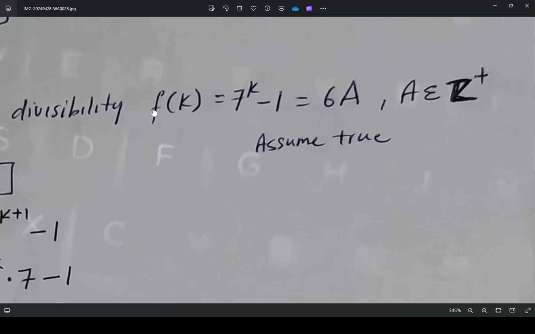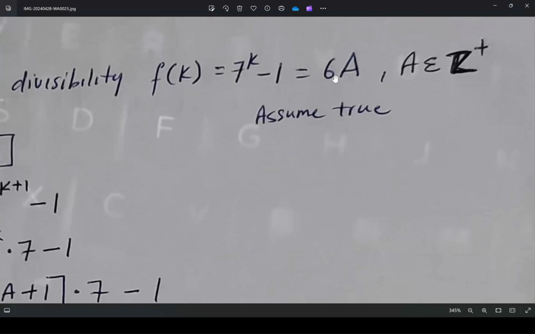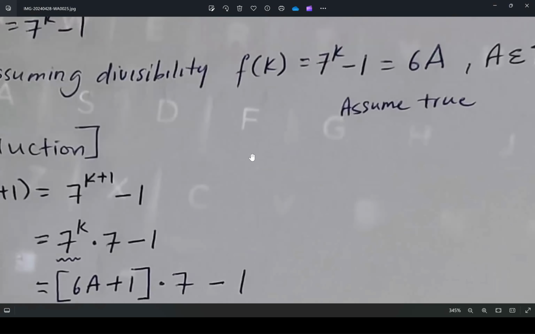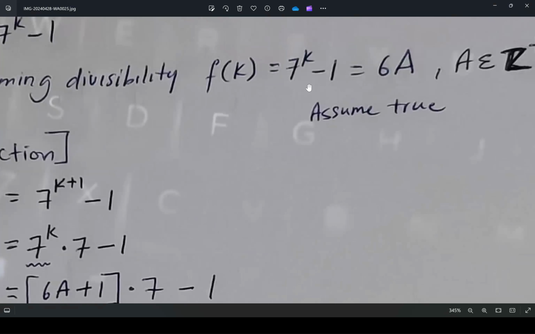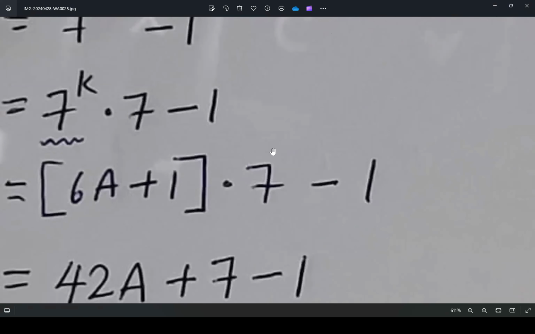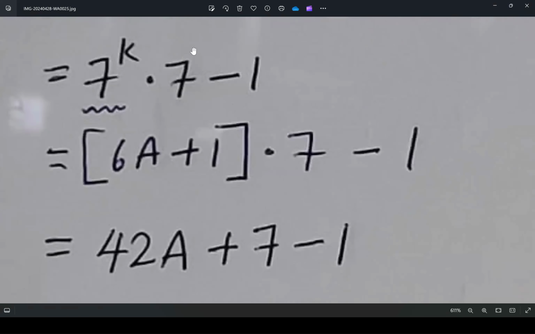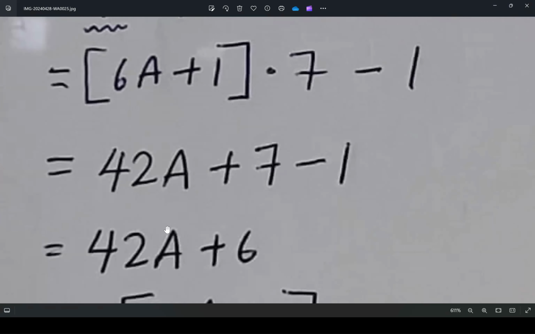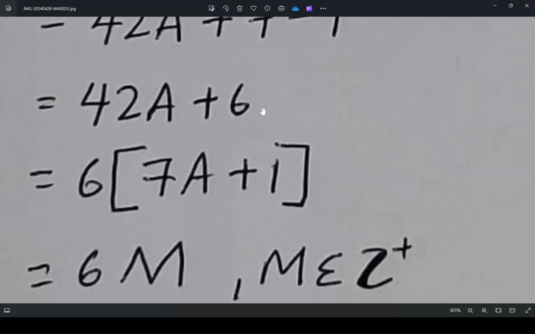We have to remember in our assumption that 7^k minus 1 is equal to 6a. That means that 7^k is 6a plus 1. Realize that we just transposed. So 7^k is replaced with 6a plus 1. We multiply by 7, because we still have to work it out. So 7 times 6a is 42a, plus 7, minus 1, we get 42a plus 6.